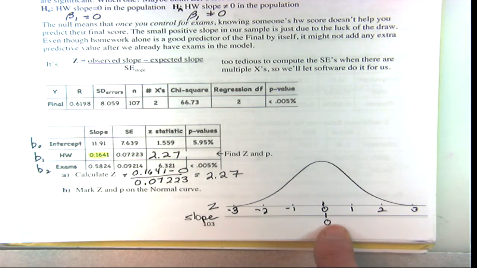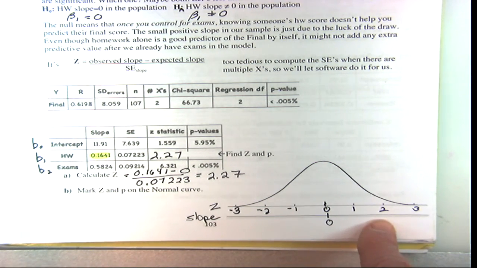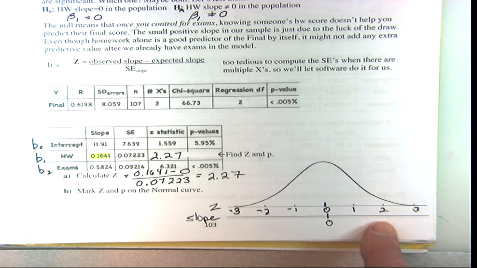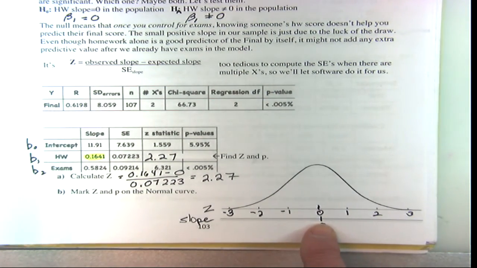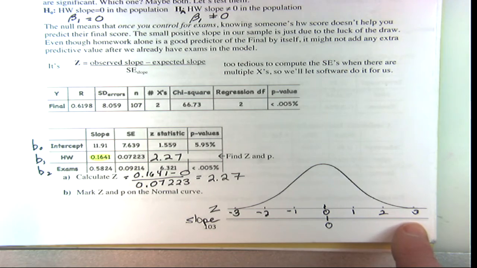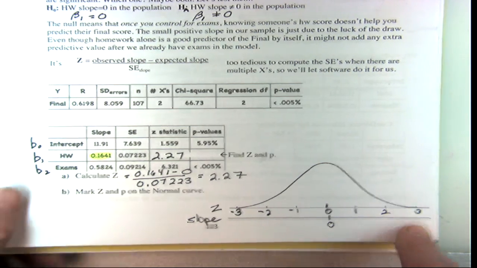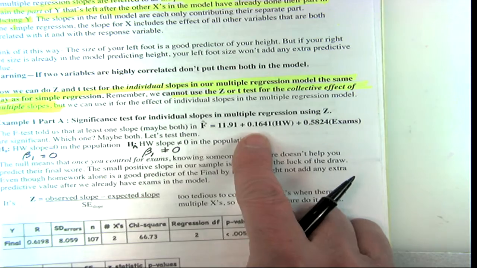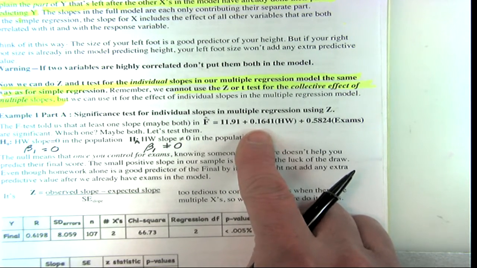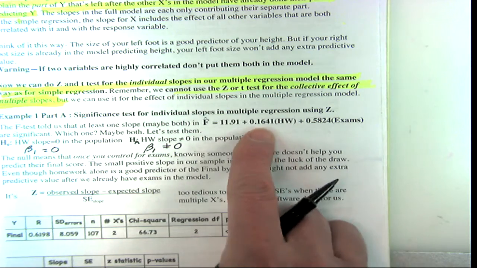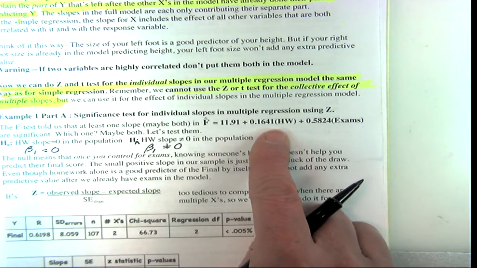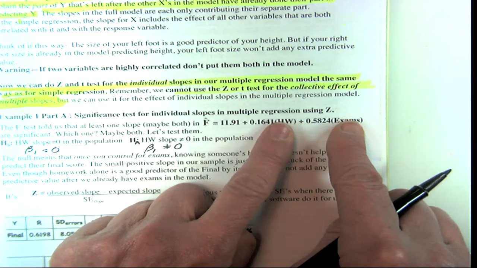But we're in these units of final exam scores per homework score point, final exam point per homework point. That's what the units are here. And where does that fit in on here? This says it raises your final exam score, on average, by 0.1641 points for each increase in homework, for people who have the same exam scores.